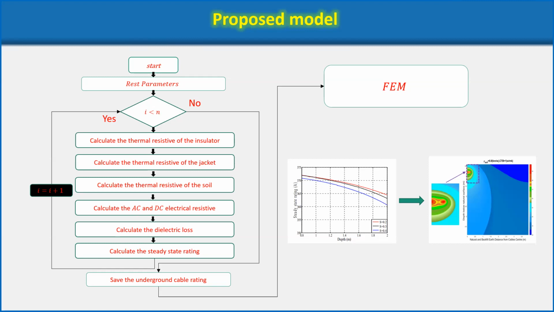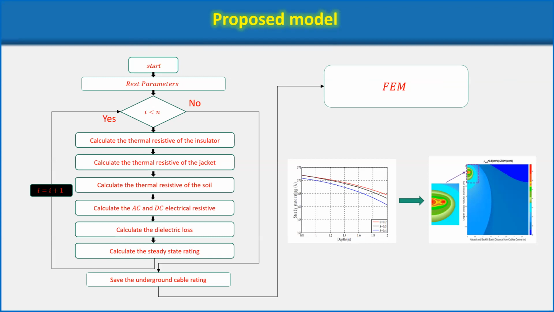If the number of iterations is less than the number of parameter values, we continue with the loop: calculate the thermal resistance of the insulator, calculate the thermal resistance of the jacket, calculate the thermal resistance of soil and the AC/DC electric resistance, calculate the electric loss, and finally calculate the steady state rating current.